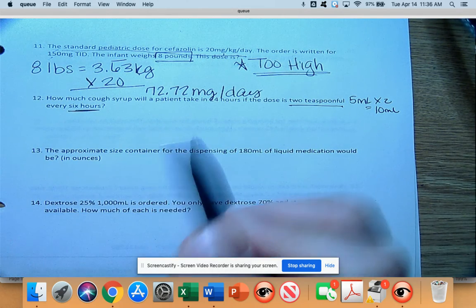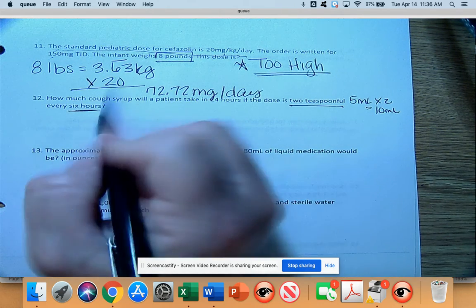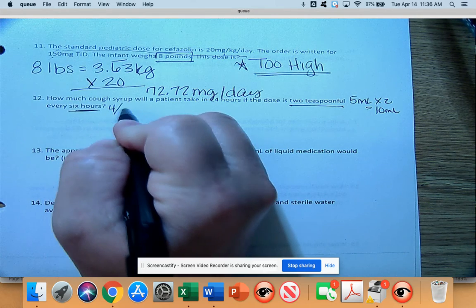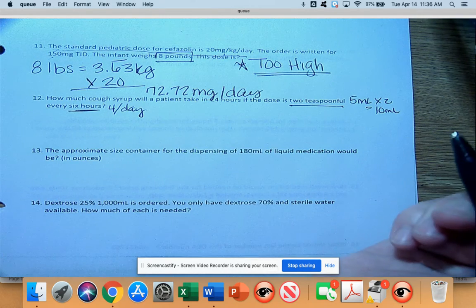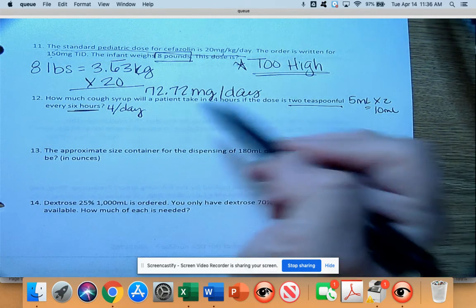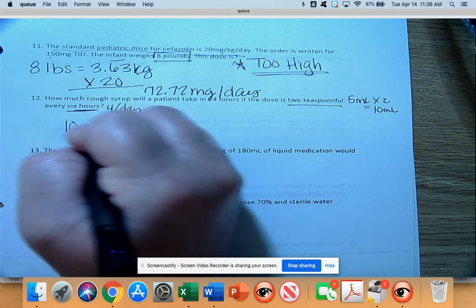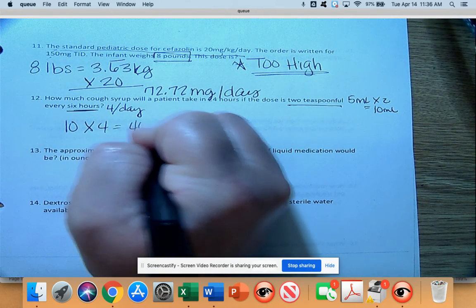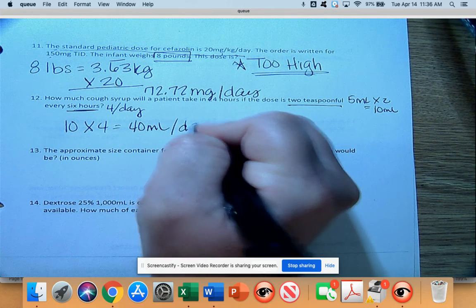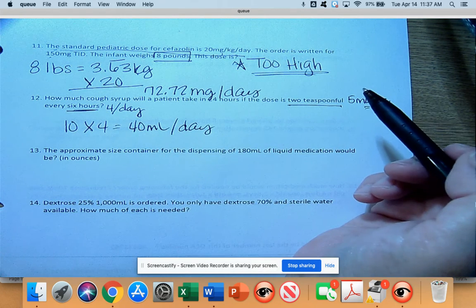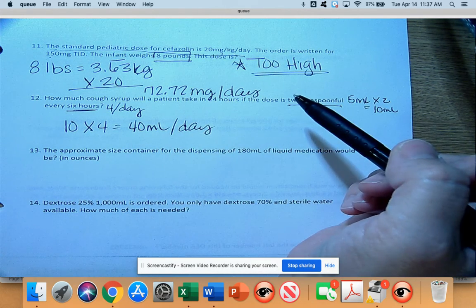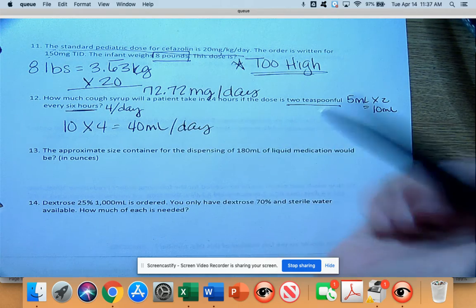So how many times in a day would that be? Well, that would be 4 times a day. So we're going to take 10 mLs 4 times a day. 10 times 4 is 40 mLs per day. How much cough syrup will a patient take in 24 hours? Well, 24 hours is a day, so 40 mLs is your answer.